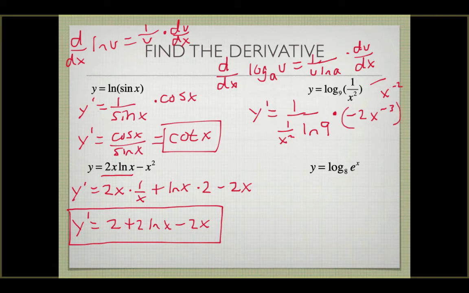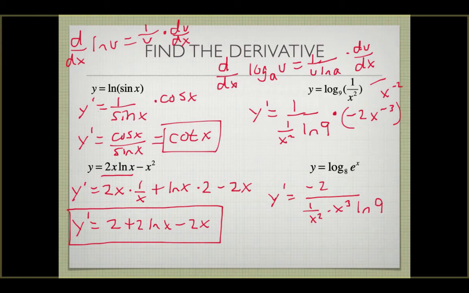It's going to get a little tight here for room, so I'm going to move down below the next one so we can have space. We have this x to the negative third. We can rewrite this and put the exponent of negative 3 on the bottom. So I'm going to rewrite this as y prime is negative 2 on the numerator. We have 1 over x squared times x cubed times ln 9.